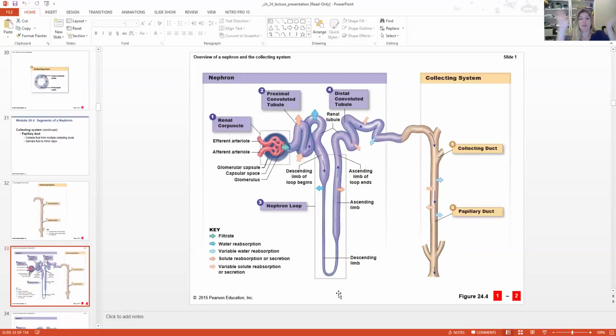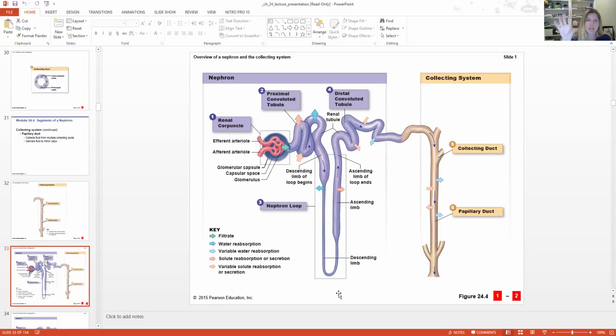Here's the whole thing together. You have your nephron, your renal corpuscle with the glomerular capillaries and our capsule collecting all of that filtrate, taking that filtrate into the renal tubule. First stop in the tubule is the PCT. Water and solute reabsorption occurs in the PCT. Then we go into the nephron loop. Thin segment first, this is where mostly water is reabsorbed. Thick segment on the ascending side, that's where solutes are reabsorbed.